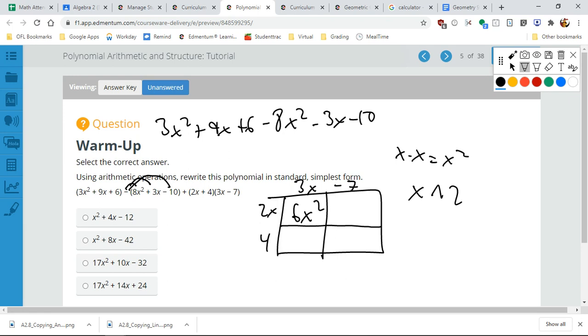So that's what we get here. What do you think is going to go in this box right here? This box is this times this, so 4 times 3x. What do you think 4 times 3x is? 12x, yes.